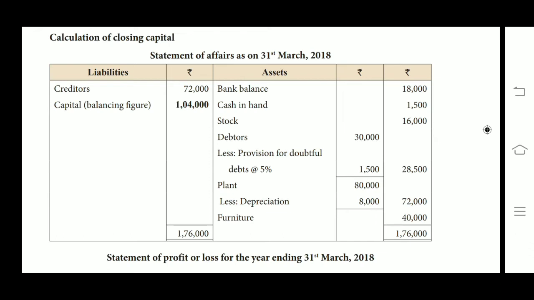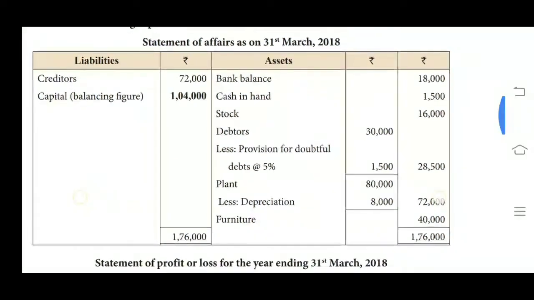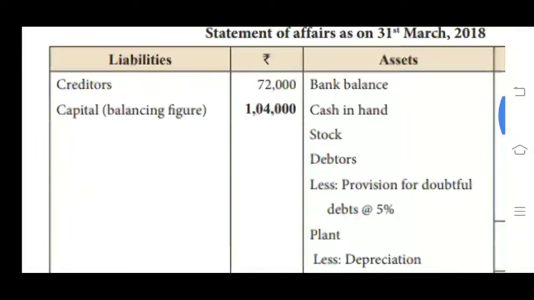So 1,76,000 minus 72,000, remaining 1,04,000. The difference value is known as capital. This is the second year value, so we consider this as closing capital. So we have already found the two capital values, and the last step is to ascertain profit or loss.